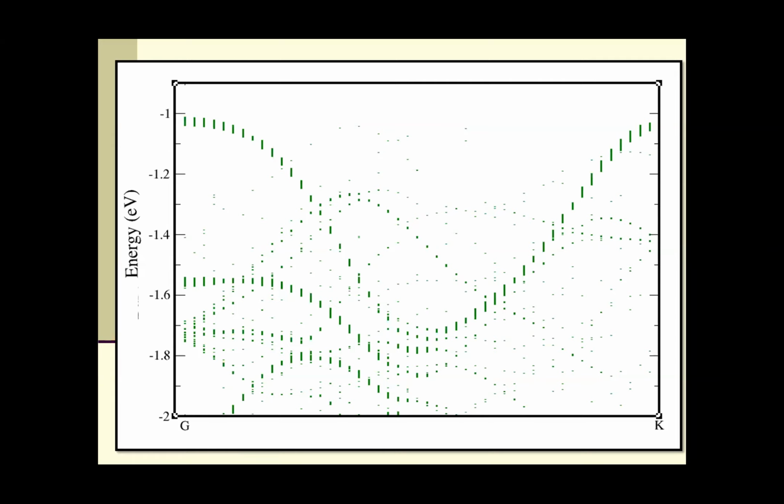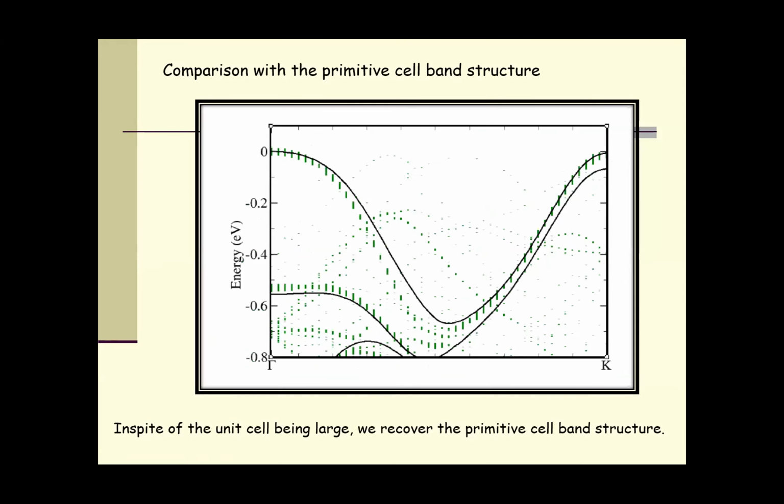I should have mentioned that my starting point, theta equal to 0, actually corresponds to the atom-on-atom, AA type of stacking. So I compare the primitive cell band structure for this AA stacking with what I've got for this very large unit cell at 19.03 degrees. Essentially, the black line is for the primitive cell.